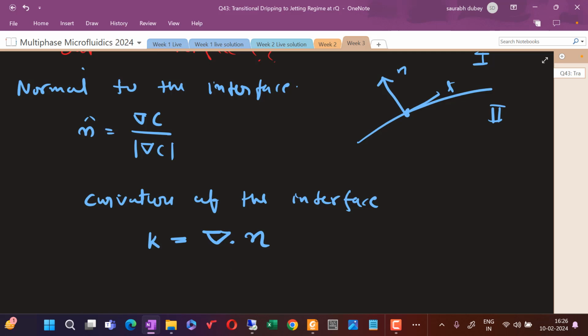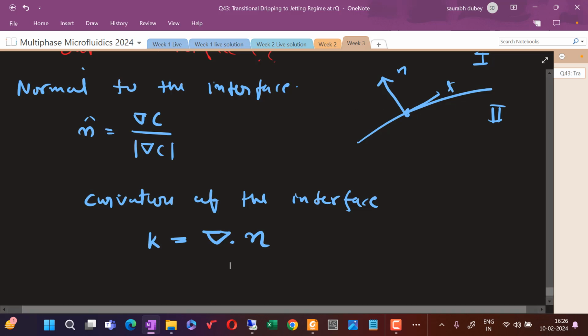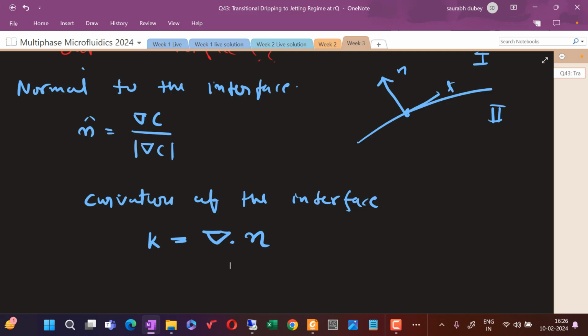Sometimes in the Navier-Stokes equation there is rho g, if the gravity is there, so that will be considered. Otherwise, in place of rho g, there will be F_ST, the surface tension force. So different continuum surface force models are there, and those are being used, and the force is added into the Navier-Stokes equation as if it is a body force. So that is the one thing.